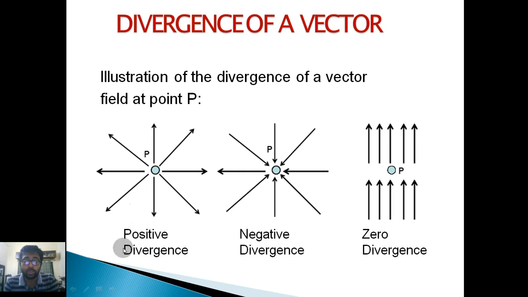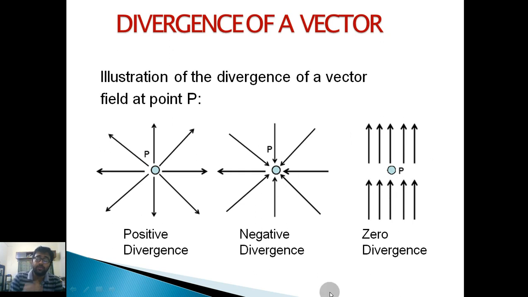Positive divergence is an outward flux from the point P. Negative divergence is the inward flux, which means the directions of the vectors are inward towards P. And zero divergence means the net amount of flux towards P and the net amount of flux outward of P are the same. That's why it is zero divergence.